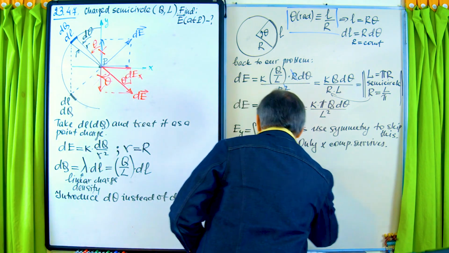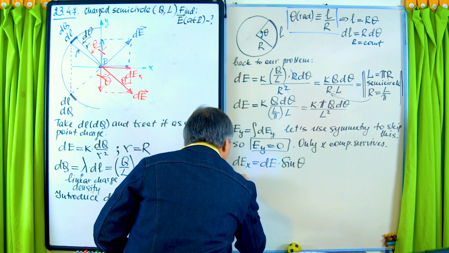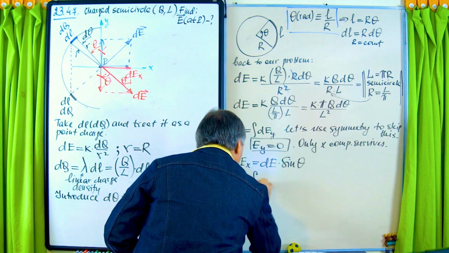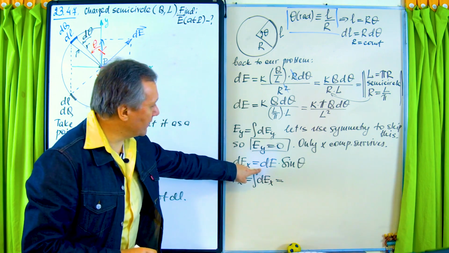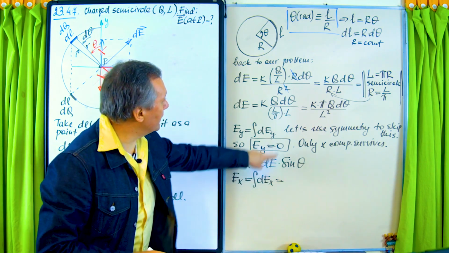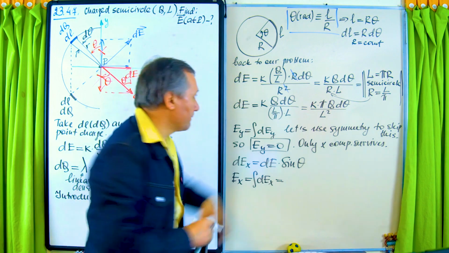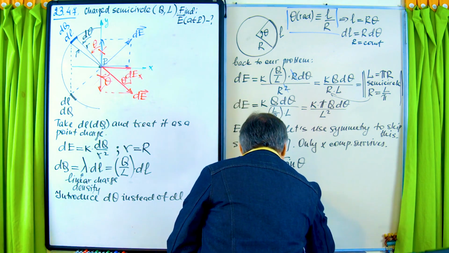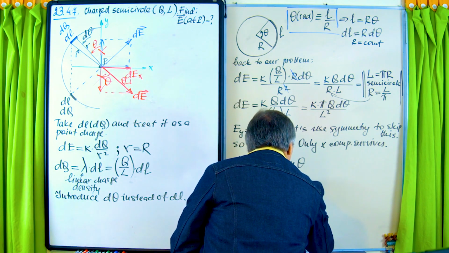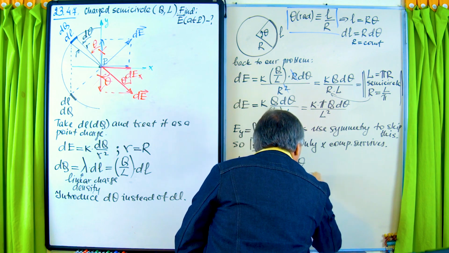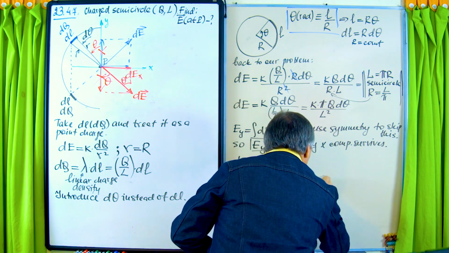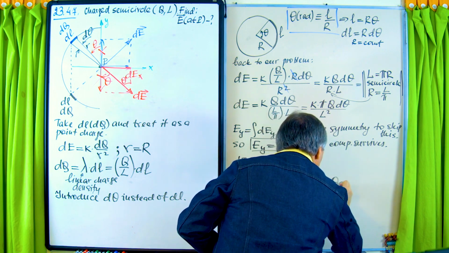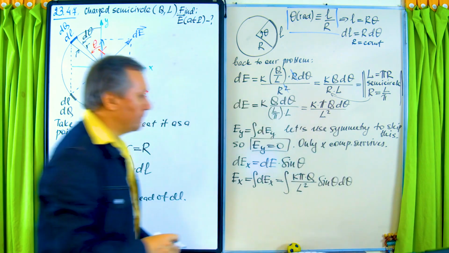Okay, so now basically we just need to start integrating. So let me write this dEx. Instead of dE, I will write this. So it will be the integral of k pi q over L squared, sine theta d theta.